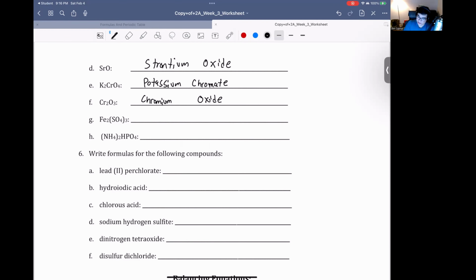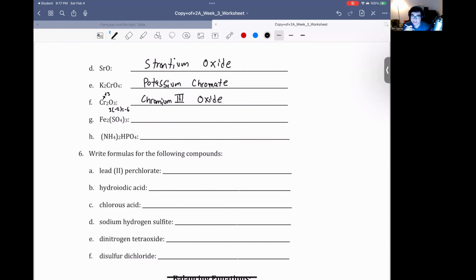Each of these oxygens is a -2 charge, and that ends up being a -6. Each of these chromiums together have to balance out that -6, so each chromium has to be a +3 charge. So this is going to be chromium(III) oxide. You would indicate it with Roman numerals here. So chromium(III) oxide indicates it's a chromium +3 with oxygens.